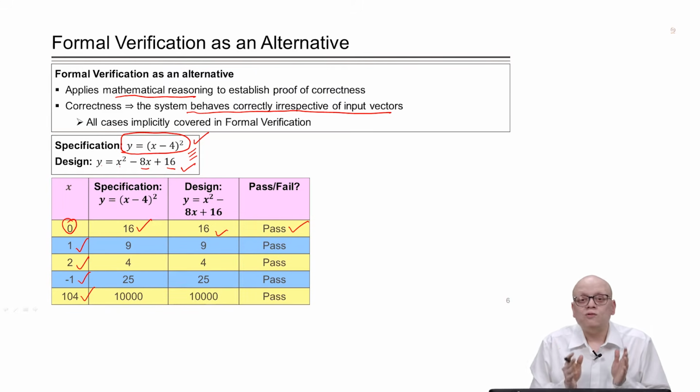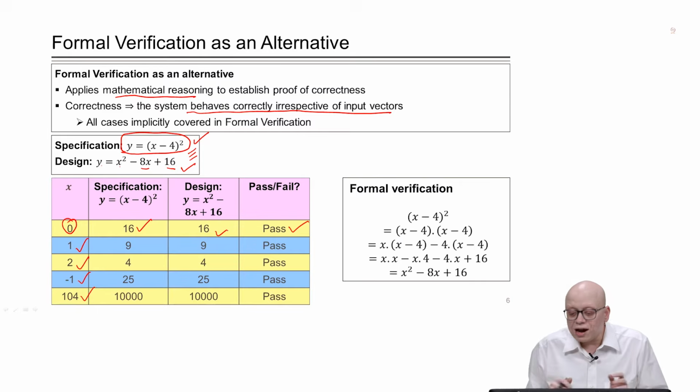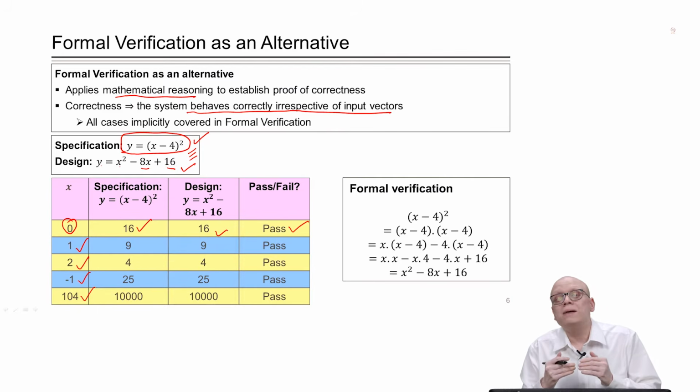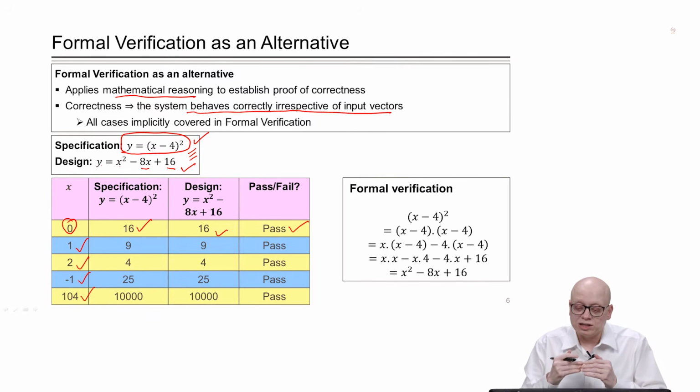Now, how will a formal verification tool attack the same problem of establishing the equivalence between these two models? It will try to establish the equivalence by mathematical analysis, mathematical reasoning and using deductions.